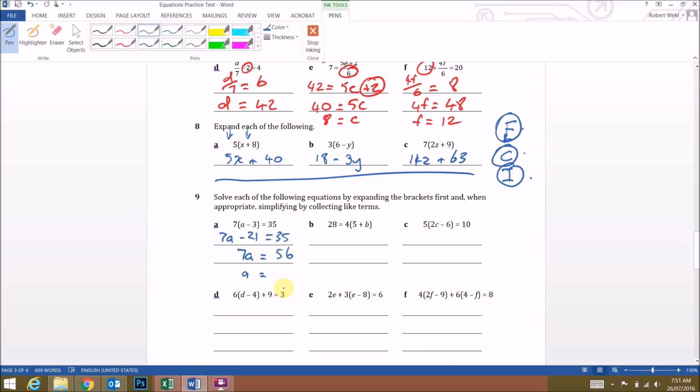And then I divide both sides by 7, which gives me 8. Okay, so a equals 8. Next one.